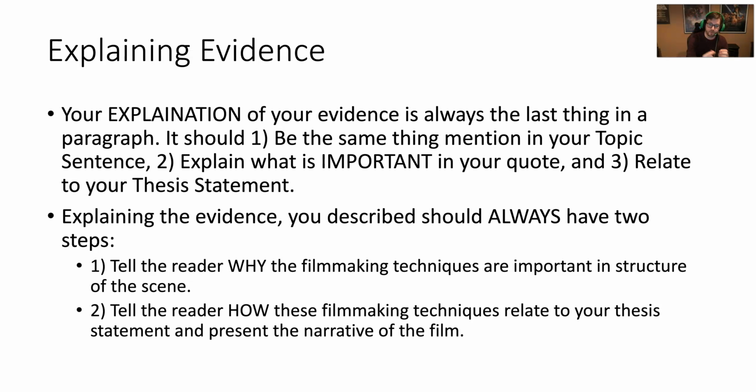Why camera movement, or shifting POV, or the use of the setting, or the staging of the actors, or the use of light. Why that is important to that specific scene. Then, in a separate, like after that would be your first couple of sentences after your description, then you tell me how this filmmaking technique relates to your thesis statement and the narrative and theme that it helps us understand.